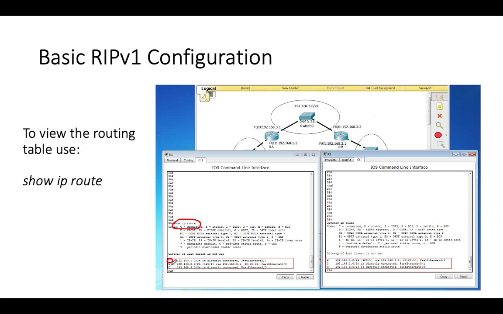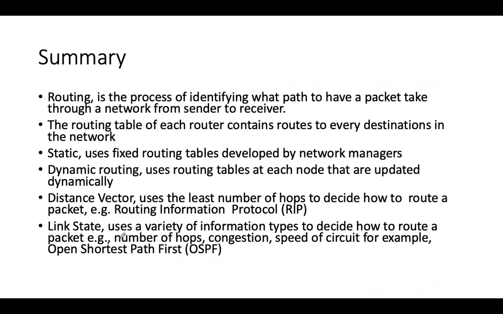R means RIP. If you see the R, that means your configuration exists already, and you can see over here 192.168.2.0, you can go via 192.3.2 to the FastEthernet, which means that I have RIP here, which is the routing protocol RIP.